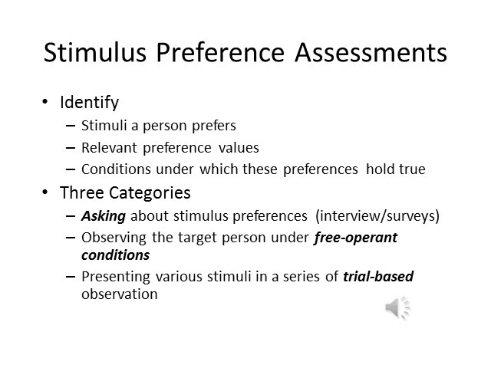Just putting them in a room, for example, and observing what they choose to interact with, and then making some assumptions that those would possibly serve as reinforcers if made contingent. Or we can actually present various stimuli in a series of what's called trial-based procedures and observe whether they pick one over the other or interact with one for longer times and so forth.